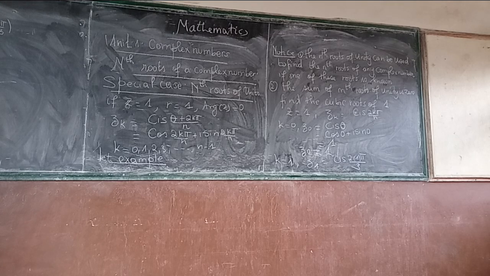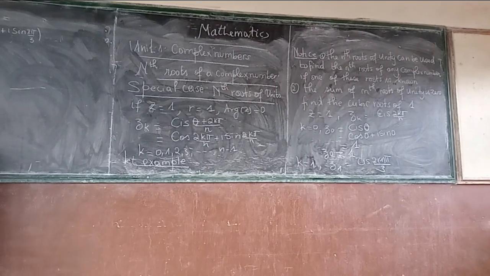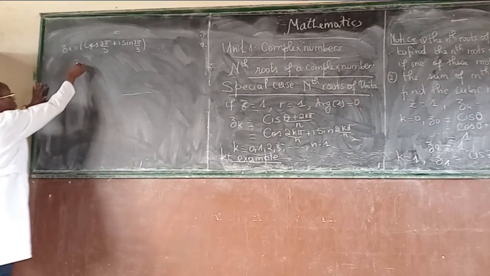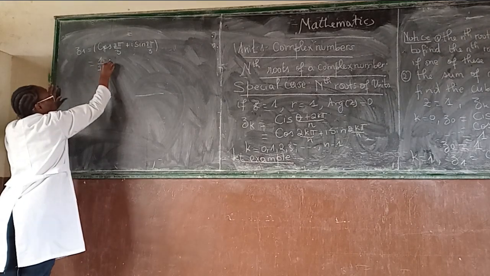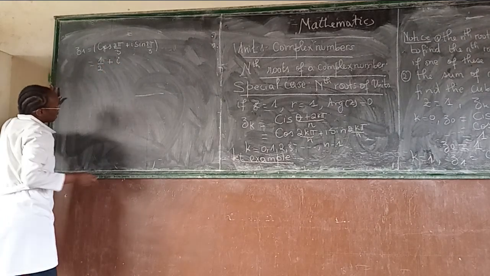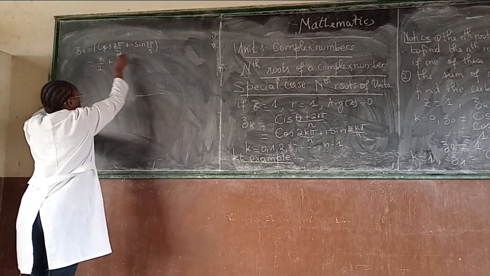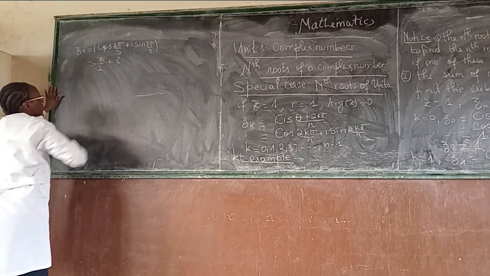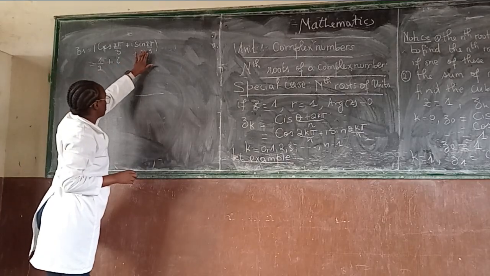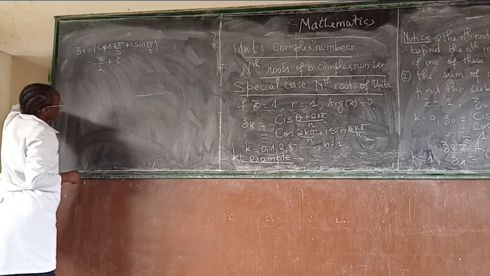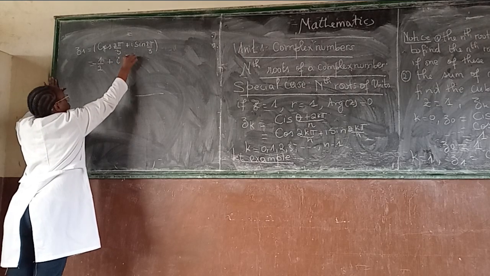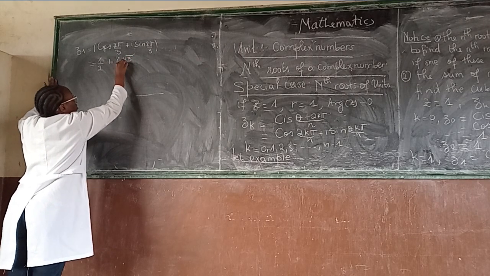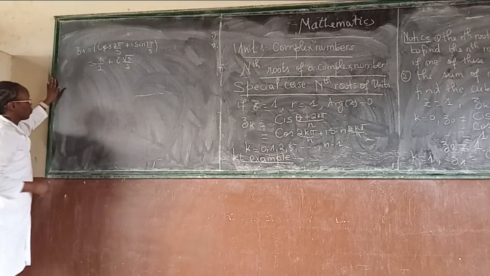So the value of cosine 2π/3 will be equal to negative 1 over 2, plus i sine 2π/3, which is square root of 3 over 2.